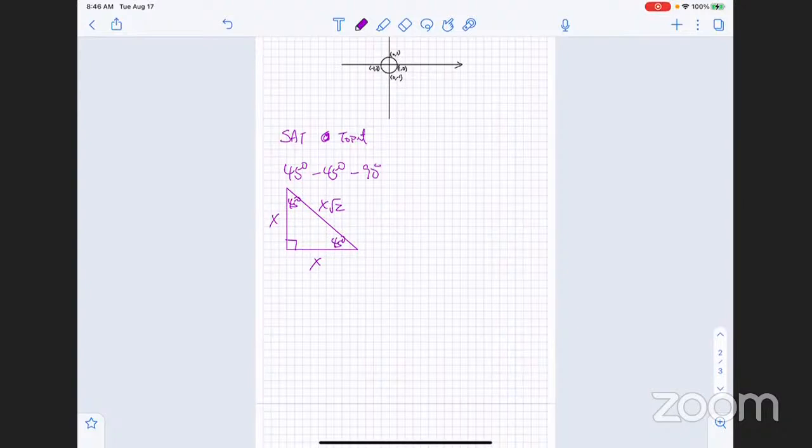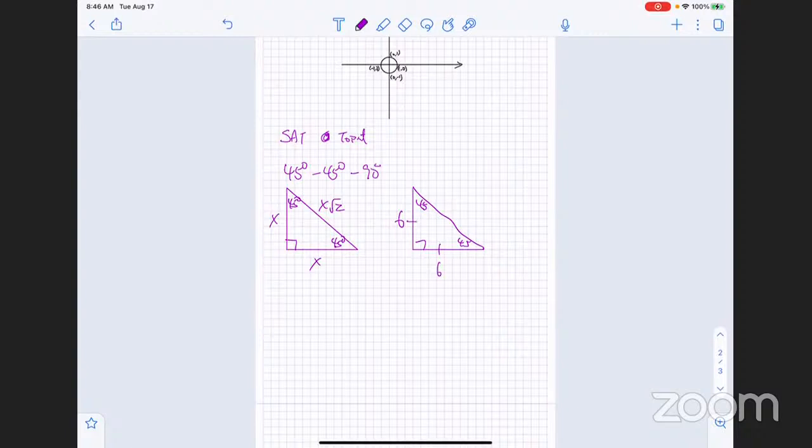What does that mean? That means if I have some type of length, here, let's say this side is 45, and this side 45, and this side 90. If this is 6, that means this side is also 6, because 6 is equal to x.